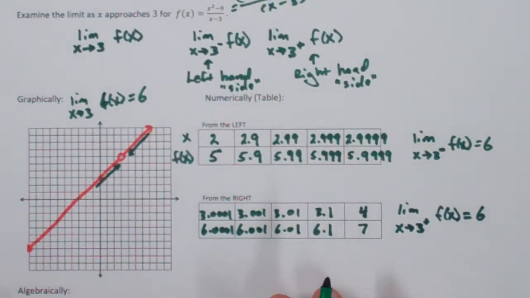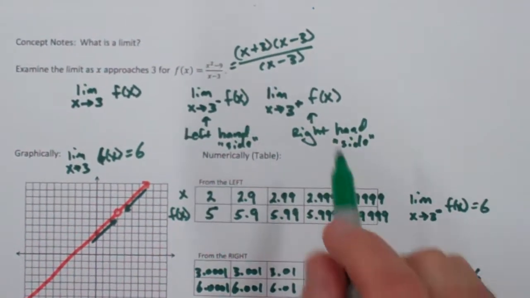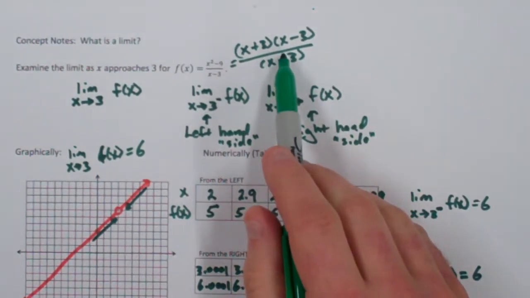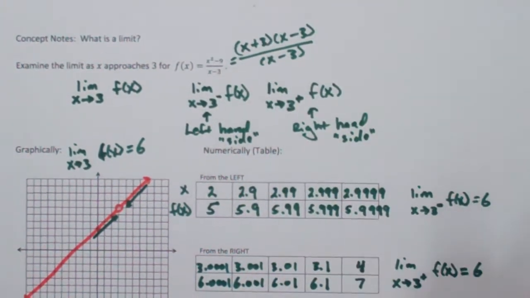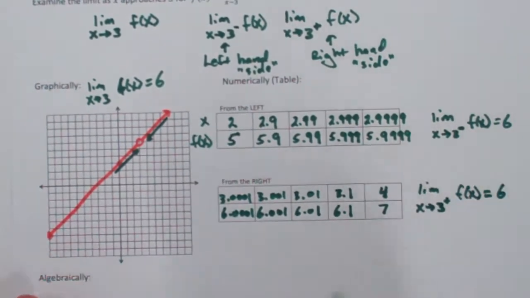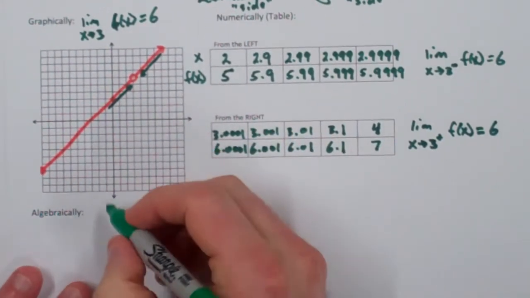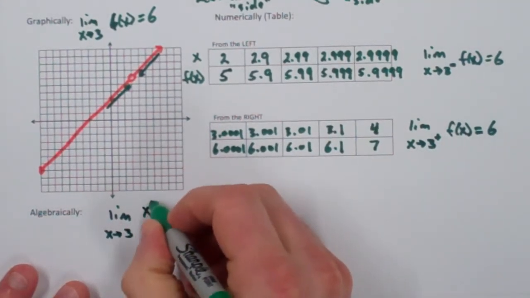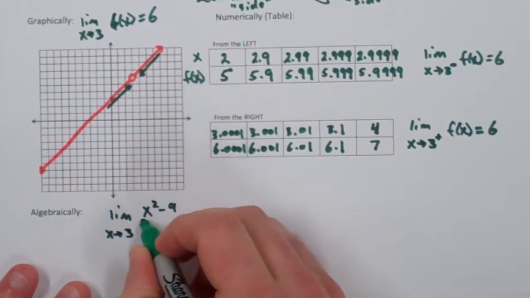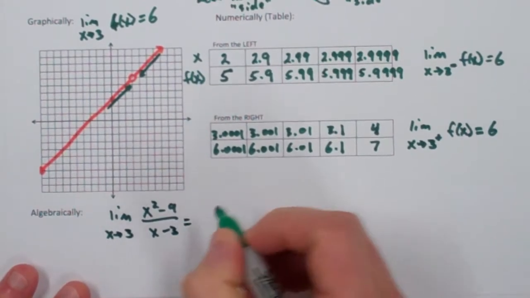Let's take a look at this algebraically, and I'm going to go back to this step for you right here. If we write this down, we can write down the limit as x approaches 3 of x squared minus 9 over x minus 3.